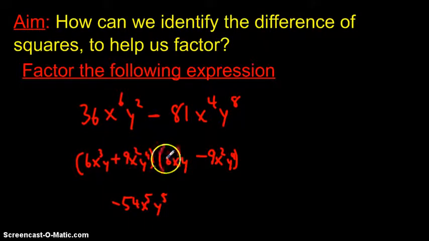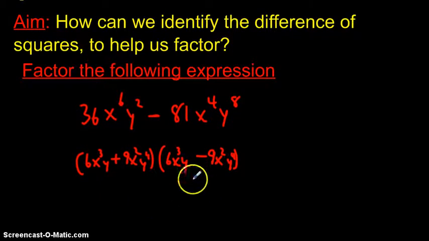And when we multiply this, we'll get positive 54x to the 5th y to the 5th, which cancel out because they equal 0. And that's why they're not here. And then we'll multiply these and get negative 81x to the 4th y to the 8th. Alright, so in the difference of squares, you don't need to use FOIL because the middle terms cancel out.